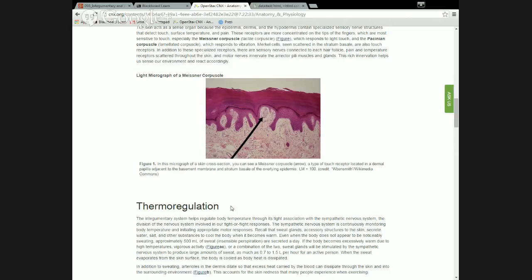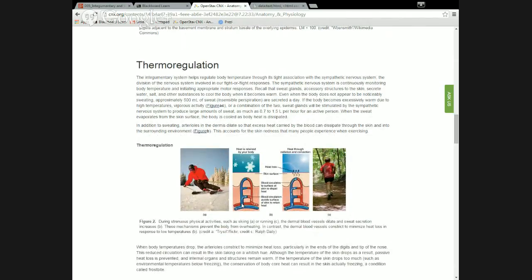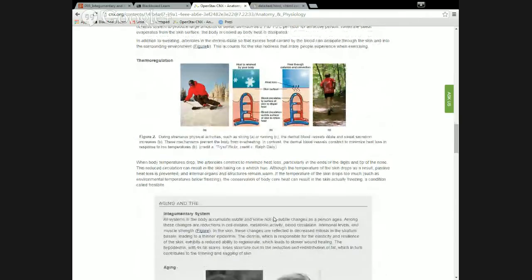Sweat gland ducts are either simple or stratified cuboidal epithelia, but the glands themselves we could just call glandular tissue. So those are some examples of tissues playing into different functions. And let's see, here are some pictures that show blood flow and heat preservation or radiation.